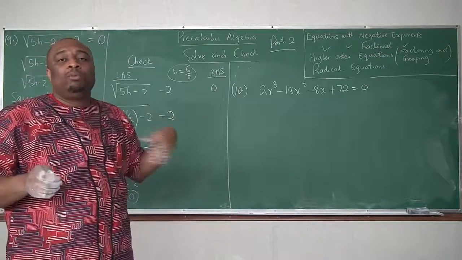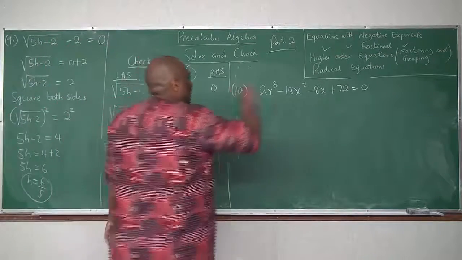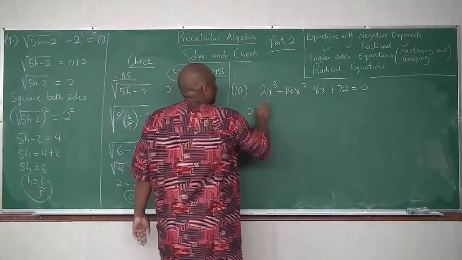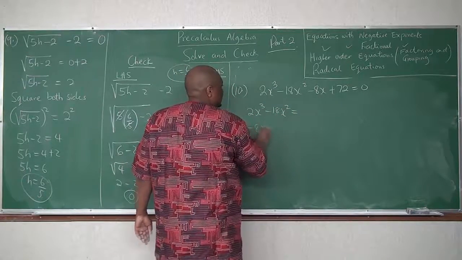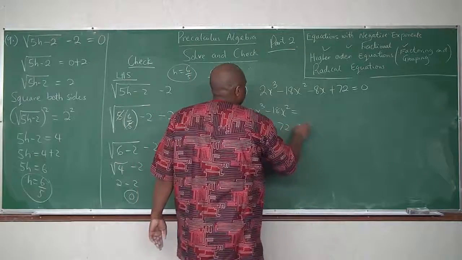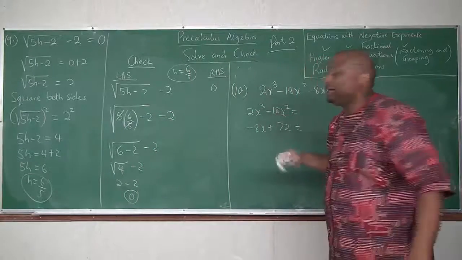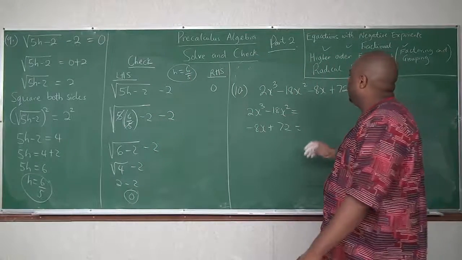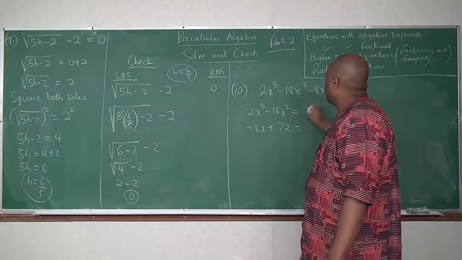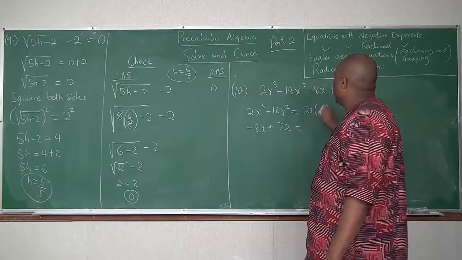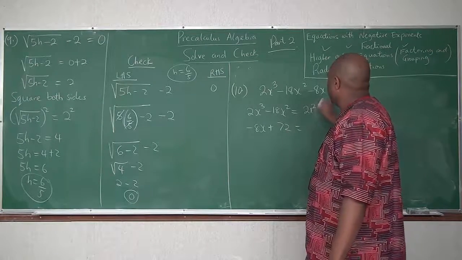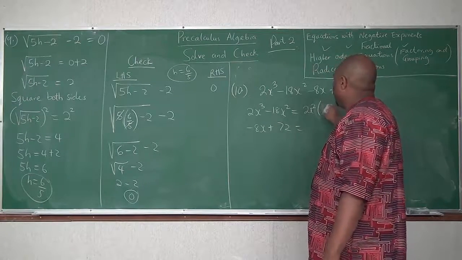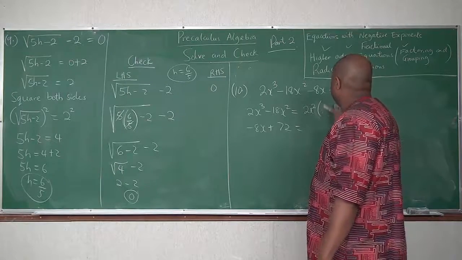So we shall solve it and we shall check it. So vertical method, we have 2x cubed minus 18x squared. Then you have minus 8x plus 72. So here you factor by GCF. The GCF here is 2x, and you have 2x squared actually. What is remaining is x minus 9.